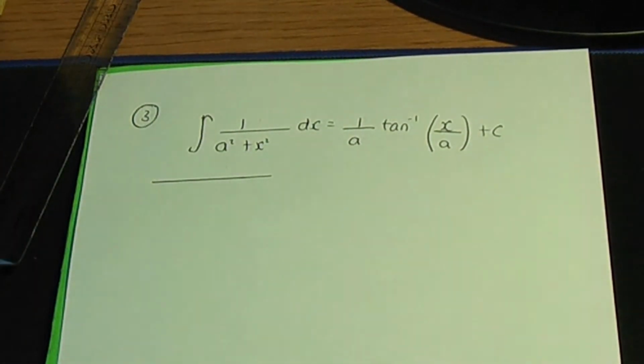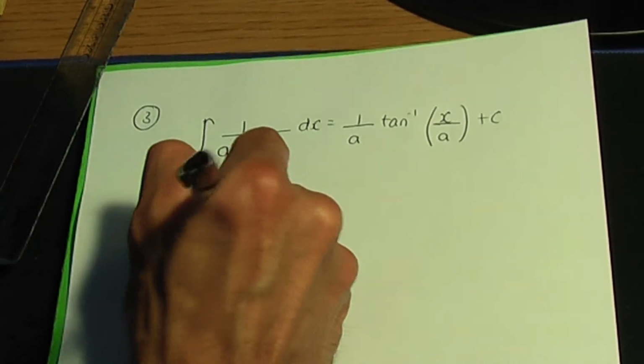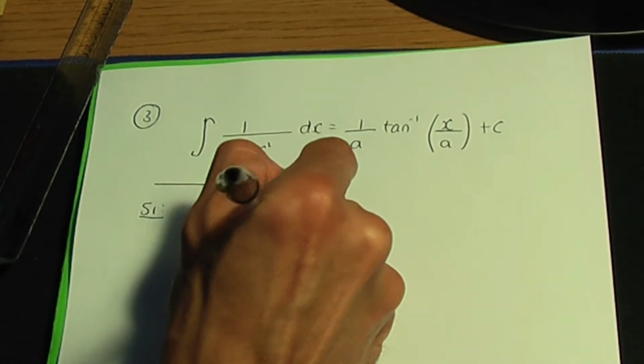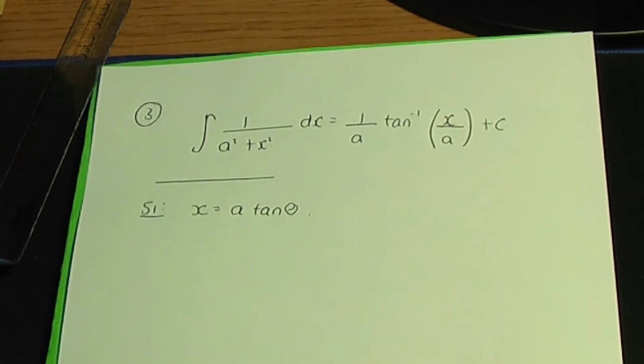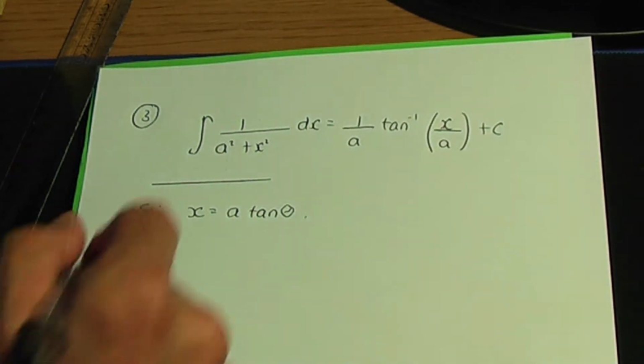So remember, a is a constant once again. And to prove this result, we use substitution again, and the substitution is a tan theta. Okay, so let's derive this result using substitution.